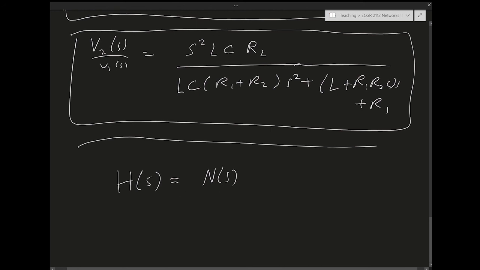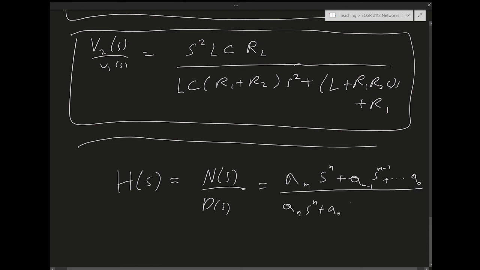The most general form will look like this: a_m s^m + a_(m-1) s^(m-1) all the way to a_0, over b_n s^n + b_(n-1) s^(n-1) all the way to b_0. Let me call the denominator coefficients b instead of a, so that's not confusing.